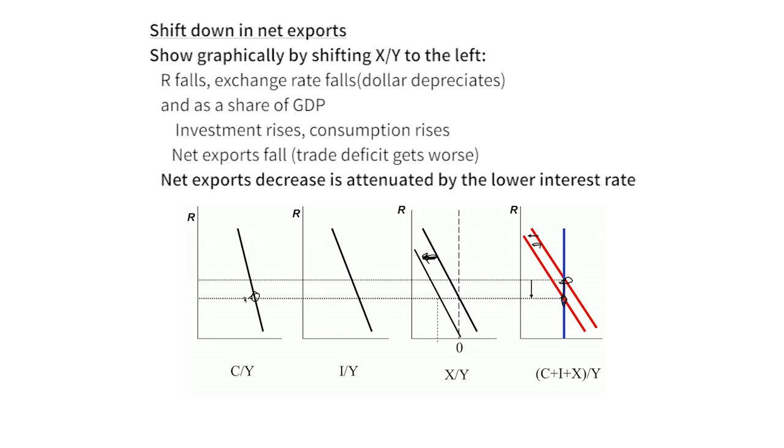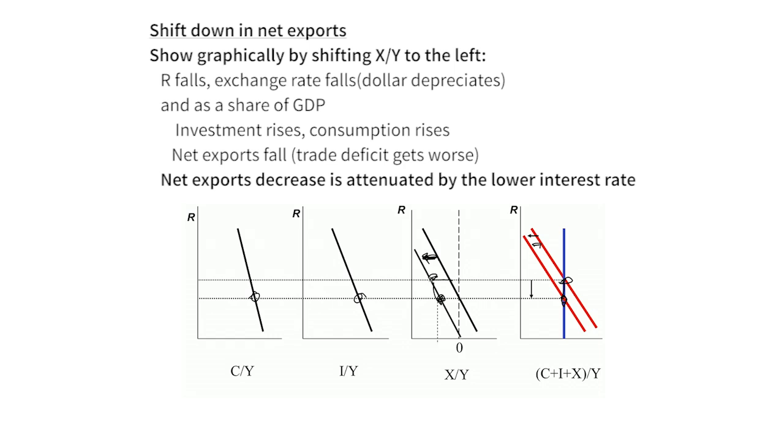And then we go over and find out what happens. Well, consumption is going to increase somewhat. Investment is going to increase somewhat. And we have these countervailing effects with respect to net exports because it shifted down a little bit, but then with a lower interest rate, it's come back a little bit from where it was at the shift in the curve.